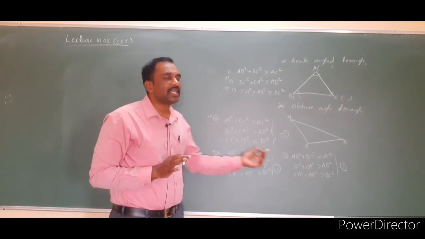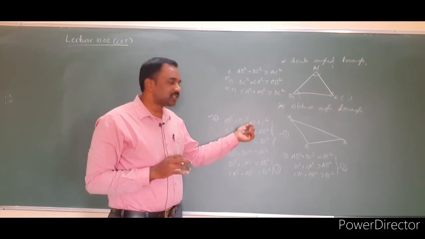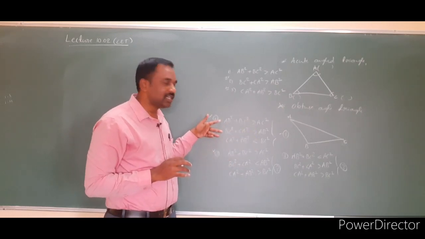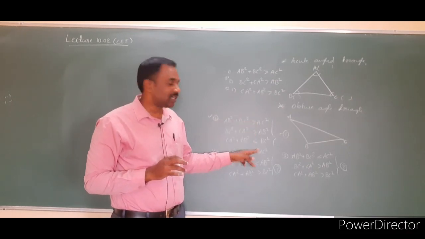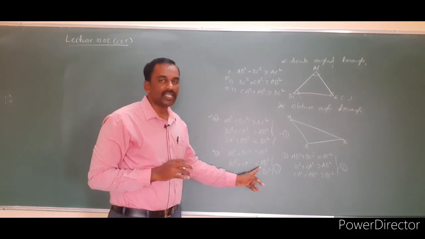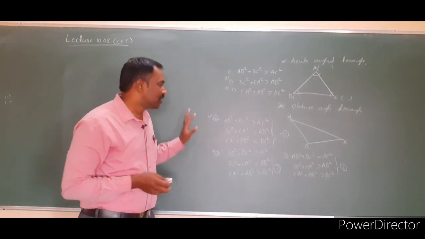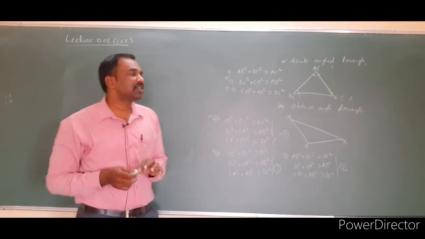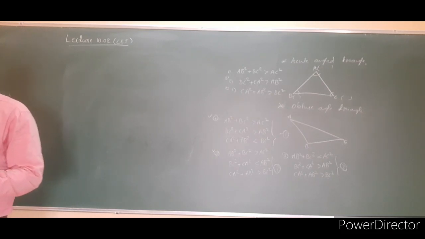In cyclic order, just write the side lengths squared: two of them with a greater than sign and one with a less than sign. If this condition is satisfied, then we can say that the given triangle is an obtuse angled triangle. Easily we can conclude it.